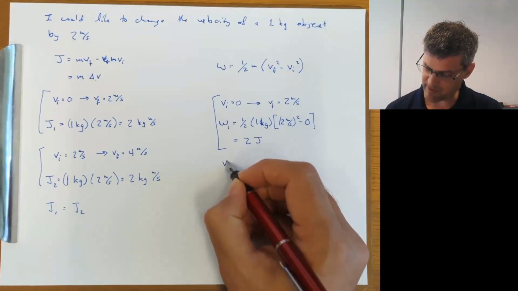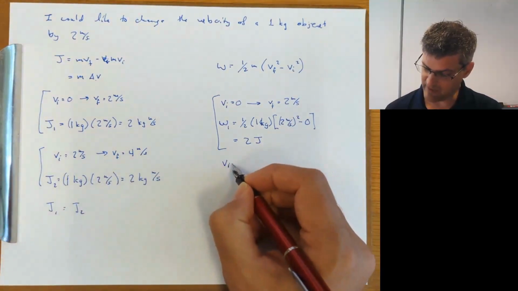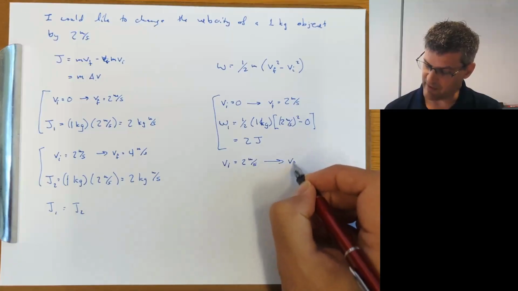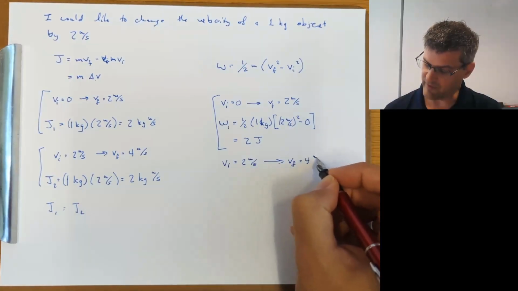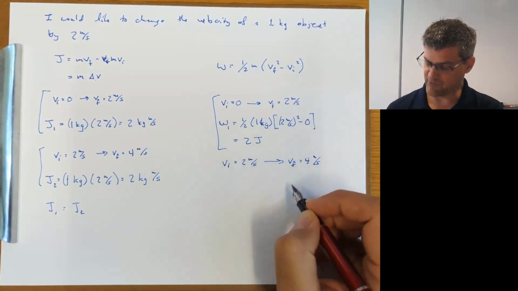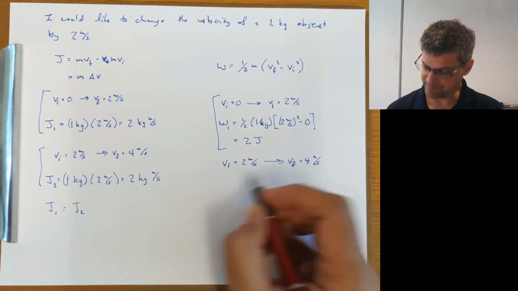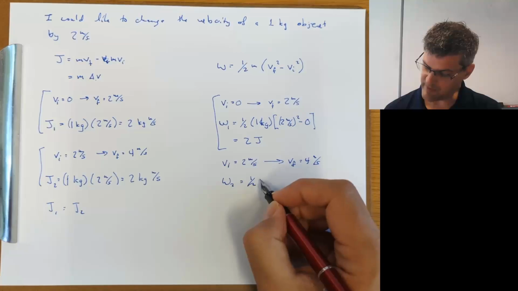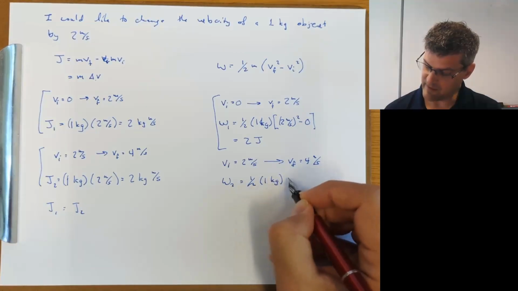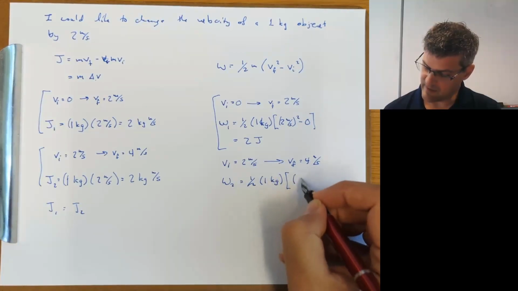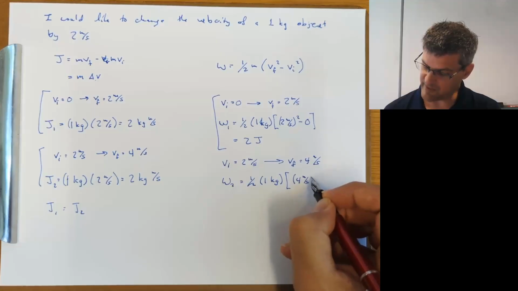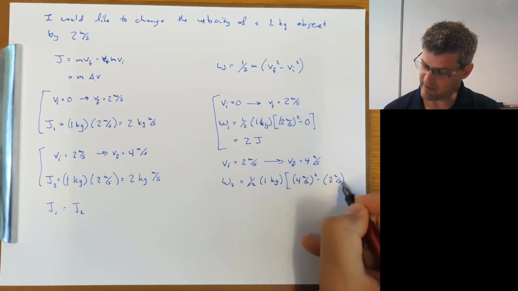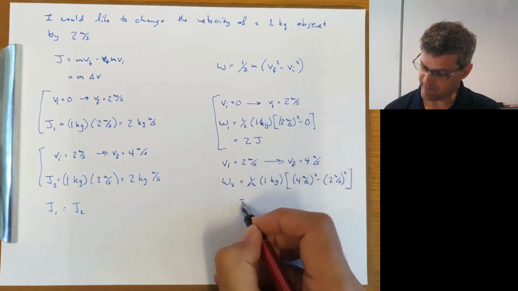What if we wanted to do something akin to what we did over here, where VI is equal to 2 meters per second? We would like VF to be 4 meters per second. So we are changing the velocity. Now what we see is that we have (4 meters per second) squared minus (2 meters per second) squared.